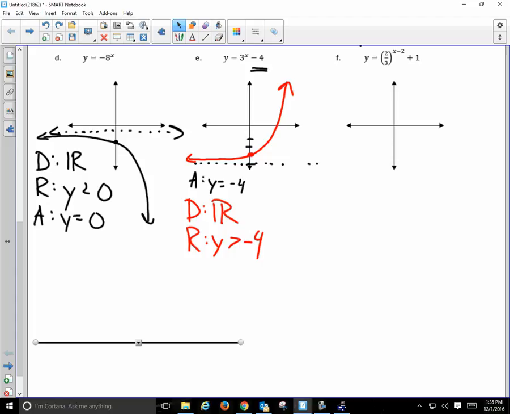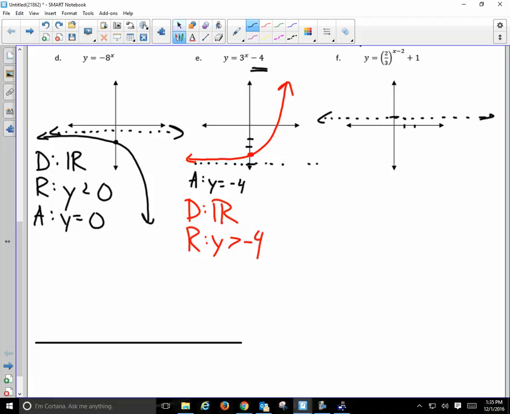No. But there's a vertical shift. Does that change the asymptote? Yeah. So this asymptote is going to be shifted up 1 unit. There's no other asymptote, just the one. And it's going to be shifted to the right 2 units.